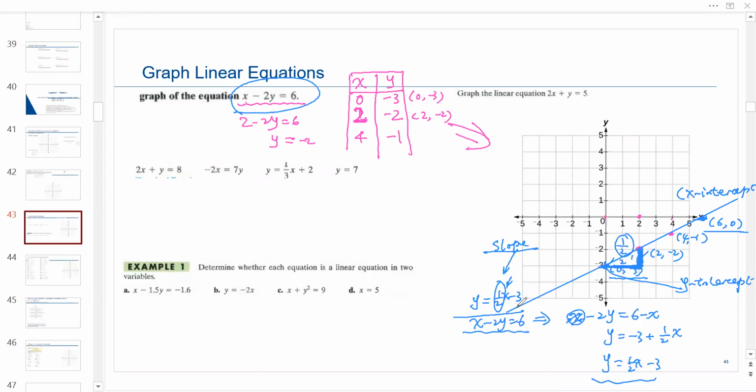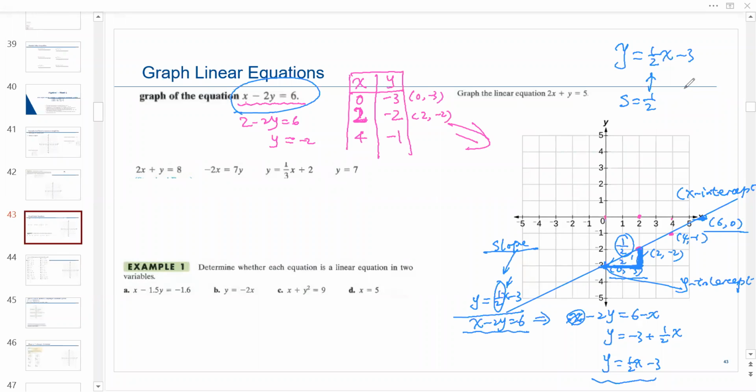So in this description, we say y equals half x minus 3. You can see the slope here is half. We'll call the slope S. And the y-intercept is (0, -3). So when x equals 0, y equals what?